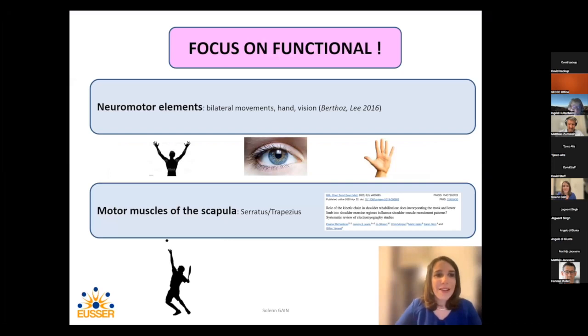We can add neuromotor elements in our rehabilitation, like bilateral movements, the importance of the hand during exercises, and the vision. And we have to activate motor muscles of the scapula, and we can use kinetic chain to improve the activation of the muscles of the scapula.